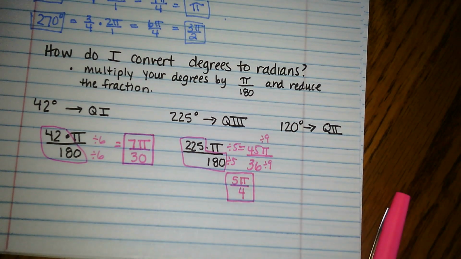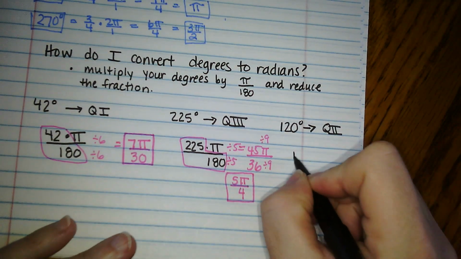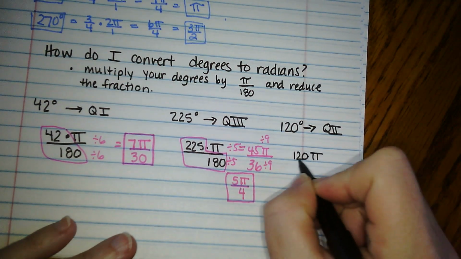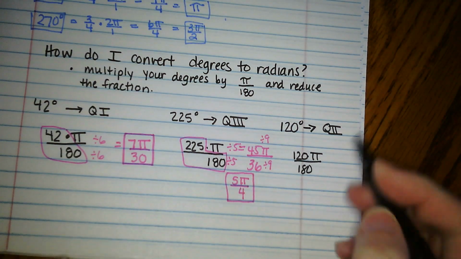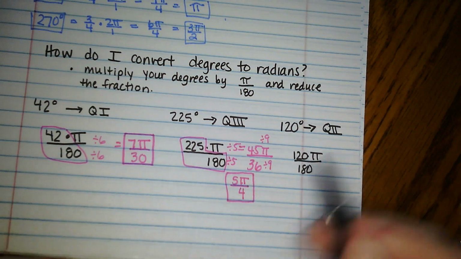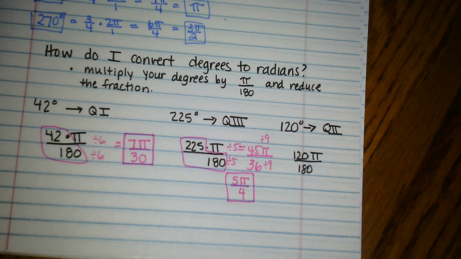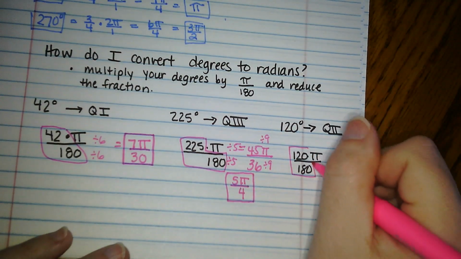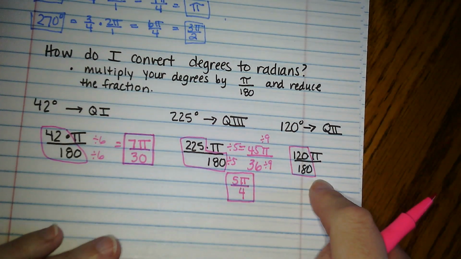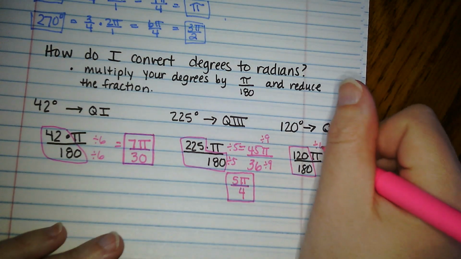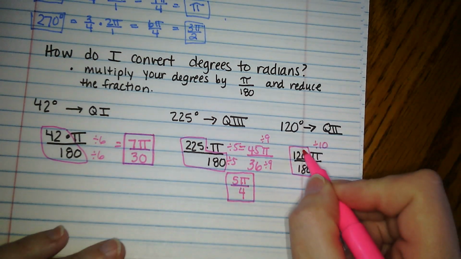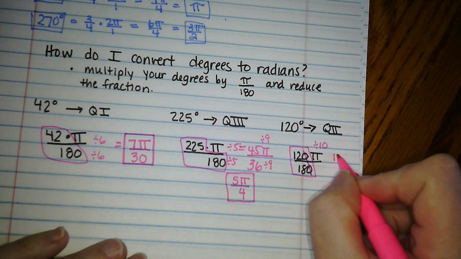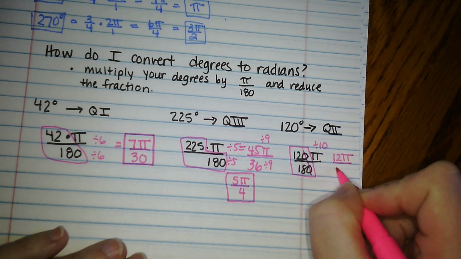The last one is 120. So what we would want to do is take 120 times pi over 180. And I would want to divide these by finding a common factor. So one of the things that I notice right away is that they both end in 0. So I can divide by 10 right off the bat. And what that does is cancel the zeros out and leave me with 12 pi over 18.